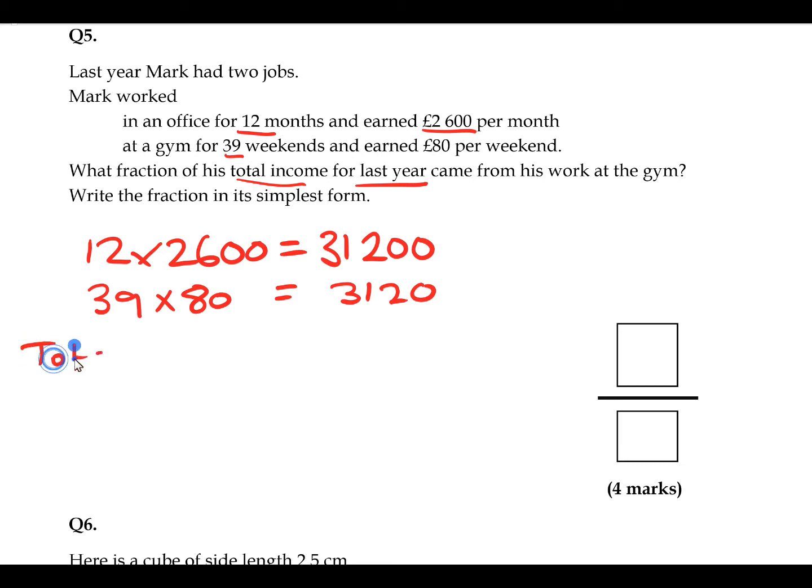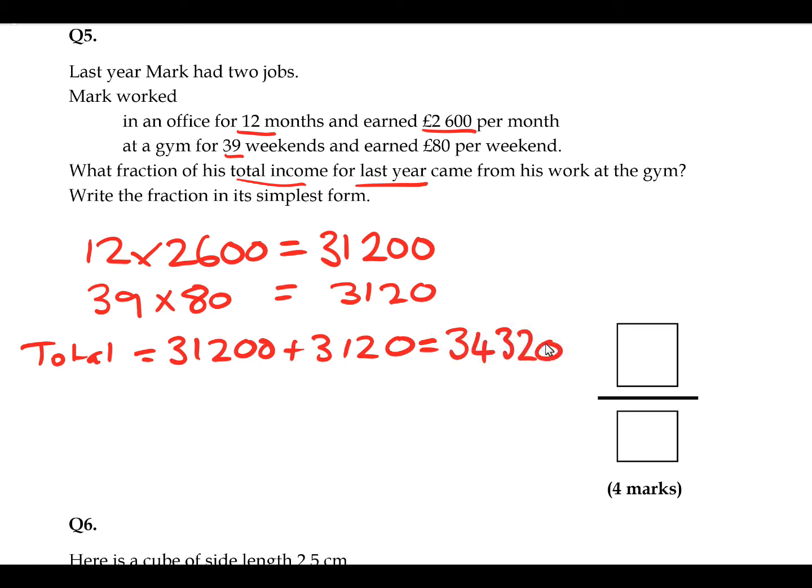So the total for the year is 31,200 plus the 3,120. And you have £34,320. So now we need to create a fraction of his total income, which is 34,320 for last year, that comes from his work at the gym. So his gym work is the numerator, 3,120.